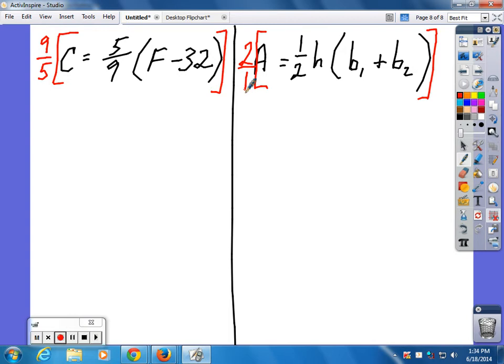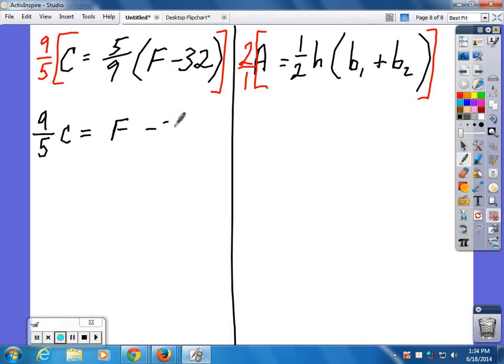Now I'll go ahead and do both of them all the way through. So that way you can move on if you stopped, or if you got confused, you can go from there. So that's 9/5 C is equal to 9/5 times 5/9 is 1.